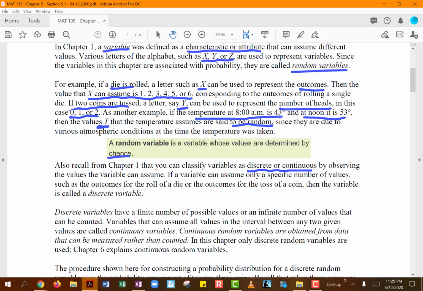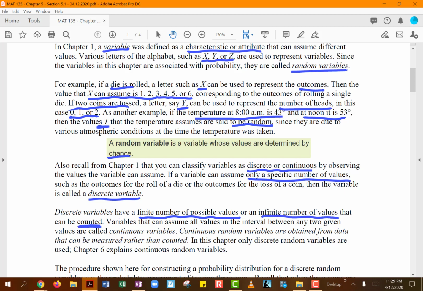So if a variable can assume only a specific number of values, such as the outcomes from a roll of a die or the outcomes from a toss of a coin, then we would say that is a discrete variable. Discrete variables can either have a finite number of possible values or an infinite number of values that can be counted.